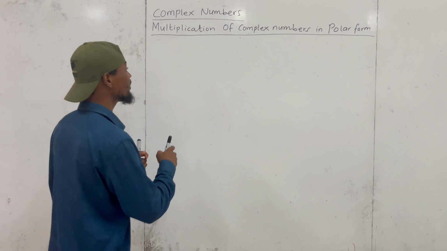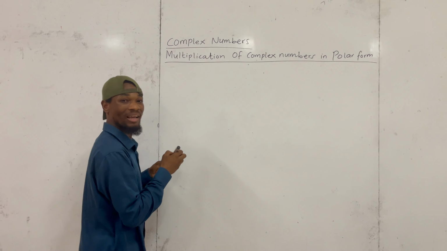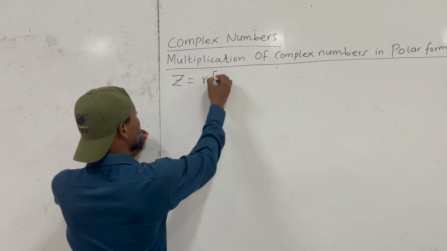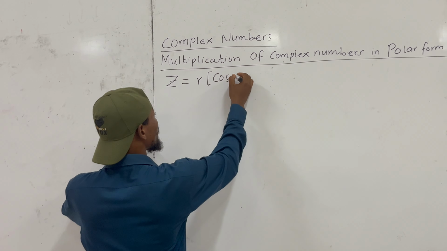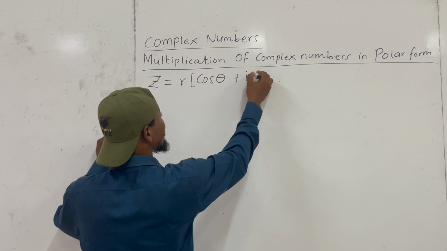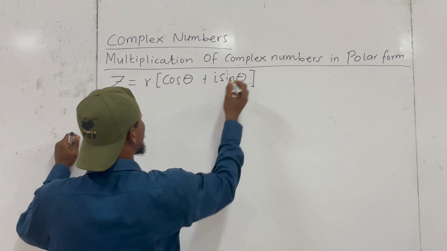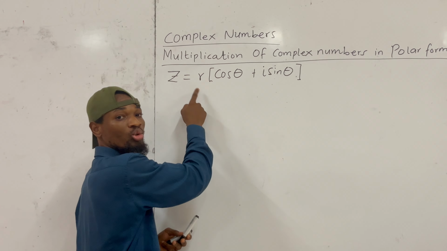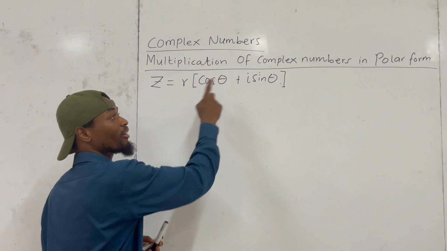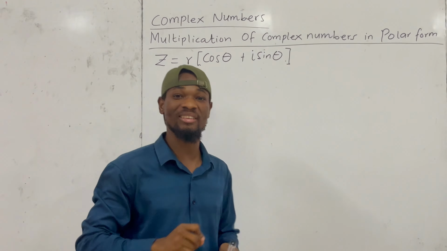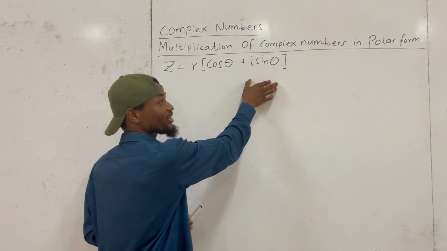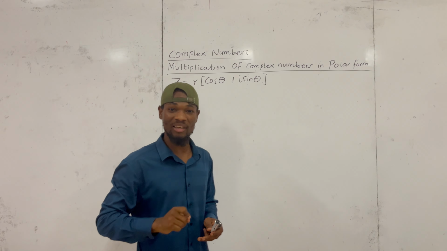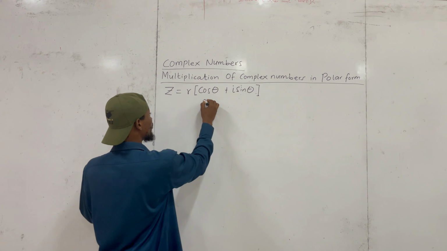We learned that in the polar form, the complex number z is equal to r times cos theta plus i sine theta, where r represents your modulus and theta represents your argument. The cosine term represents the real part and the sine term represents your imaginary part, whereas z represents your complex number. So let's look at the proof.